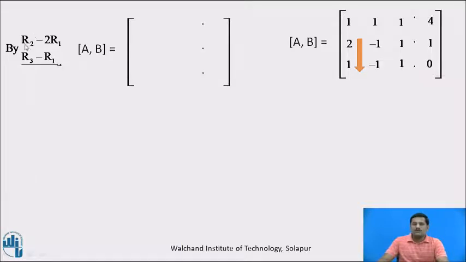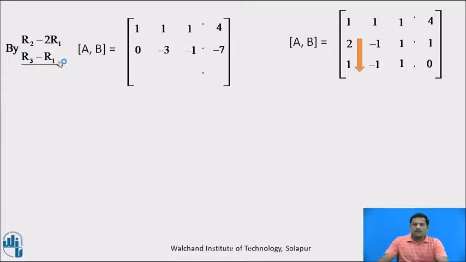First of all, performing this row transformation R2 minus 2R1 here, there is no change in the first row. After multiplying by 2 to the row number 1, we get all these entries. Now subtracting these two rows, 2 minus 2 is 0, minus 1 minus 2 is minus 3, 1 minus 2 is minus 1 and 1 minus 8 is minus 7.